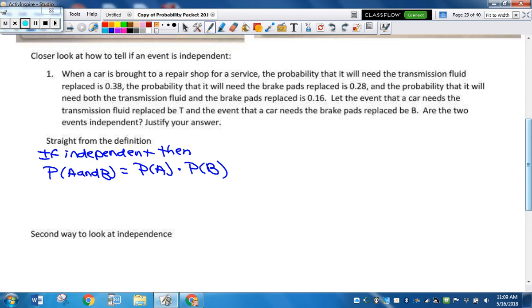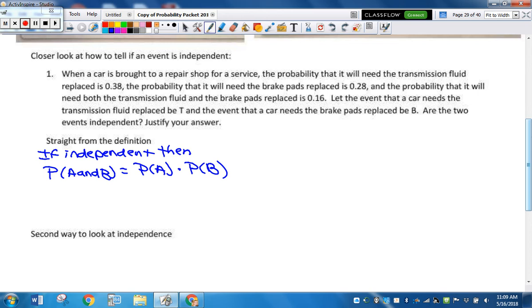Okay, so if that's the case, then here, what do we know? Well, we already know we've got brake pads and we've got transmission, right? So what's the probability that you're going to need transmission fluid? Well, it's 38%, right? 0.38? Okay, so we'll call that probability of A.